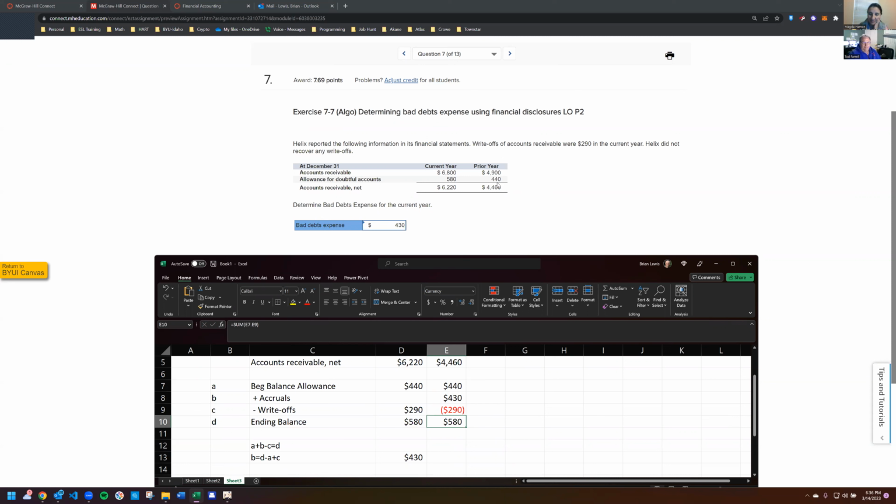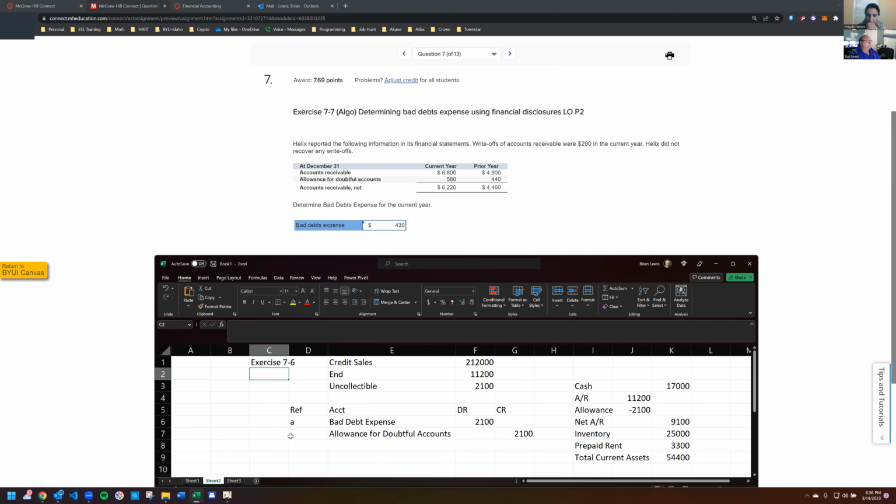The approach though is take the prior year balance, knowing the ending balance and the amount that they had in actual write-offs to figure out the bad debt expense, which effectively ends up being this amount. Because this accrual is your same journal entry over here, right?